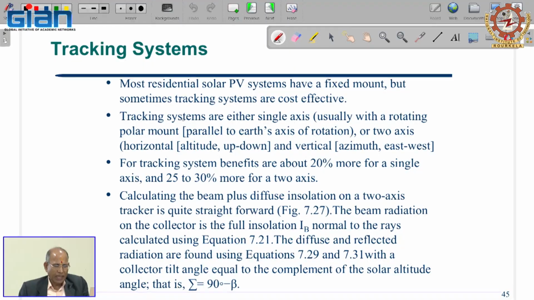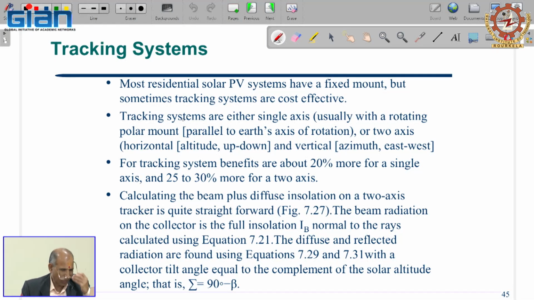Okay. Then again, whatever calculations we did for the beam, diffuse and reflectance, when we are using the tracking system, there will be some change in the angles because you are tracking the sun position. Accordingly, whatever the equation you use, there will be some change, and because of that it will deliver more energy.